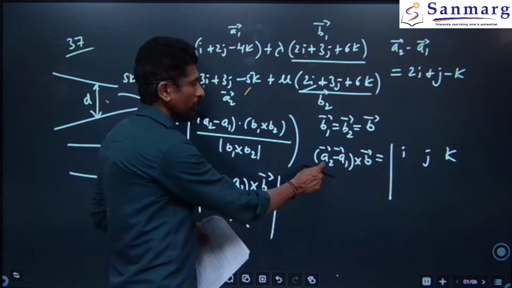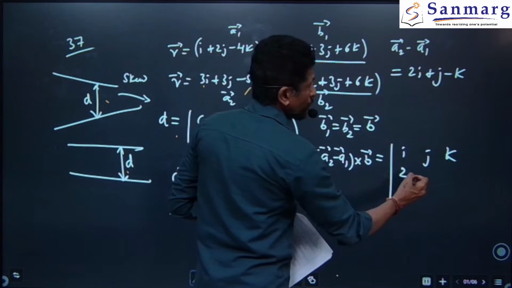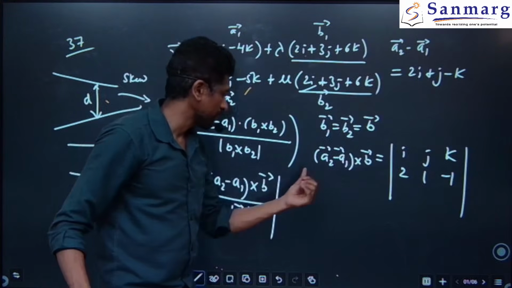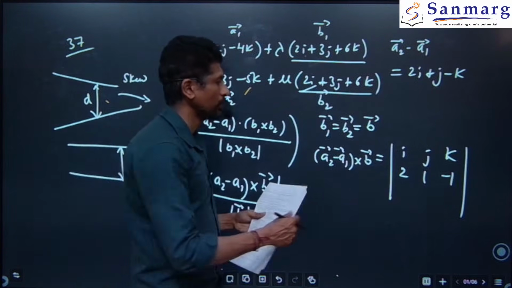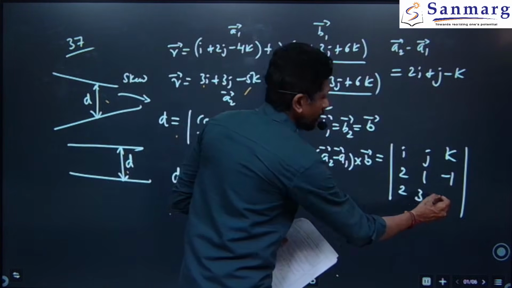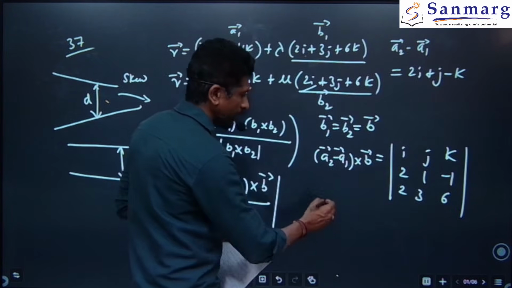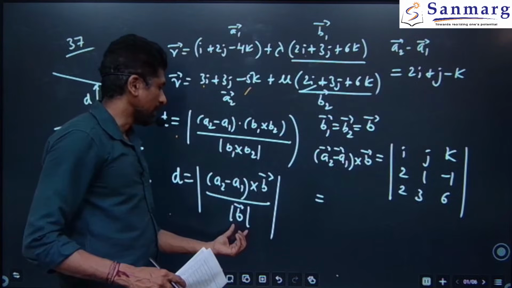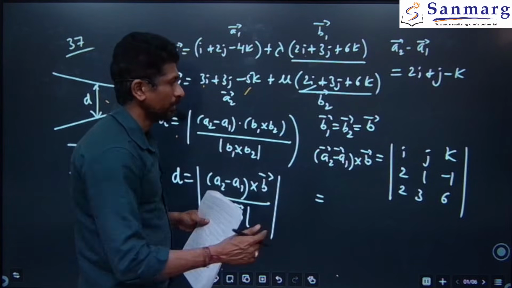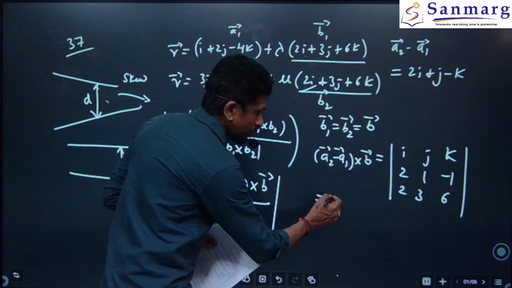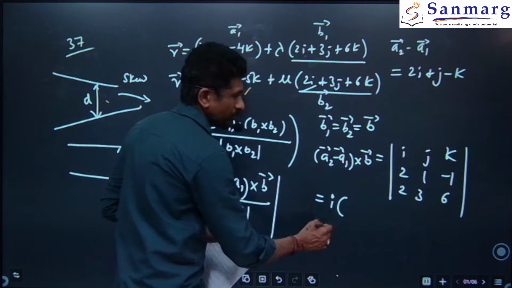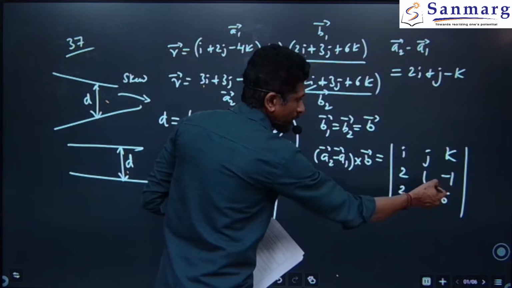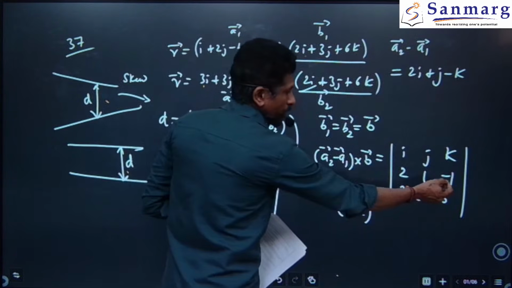The a2 minus a1 vector is 2, 1, minus 1, and the b vector is nothing but 2, 3, 6. Now by finding the value and the modulus you will get the numerator, and you also have to find the modulus of b. So now i: 1 times 6 is 6 plus 3 comes, because here minus is there. Minus of minus becomes plus.